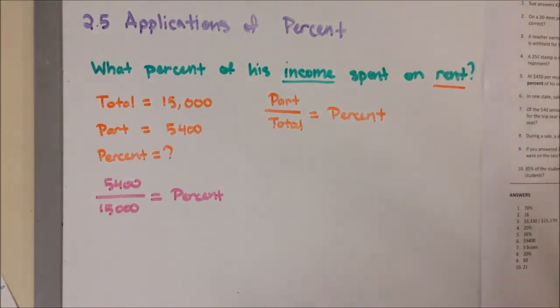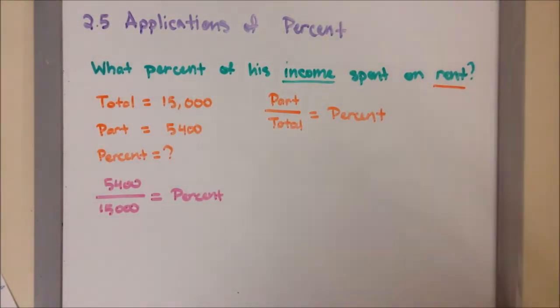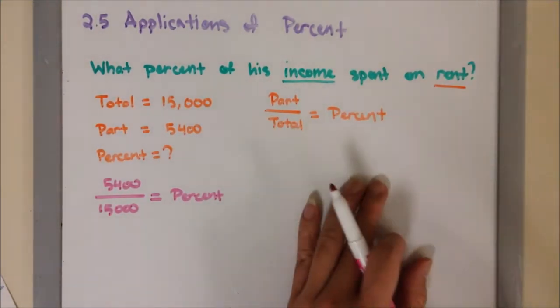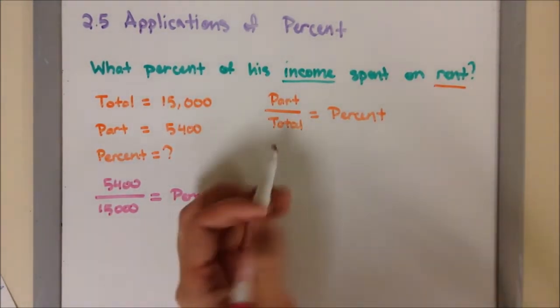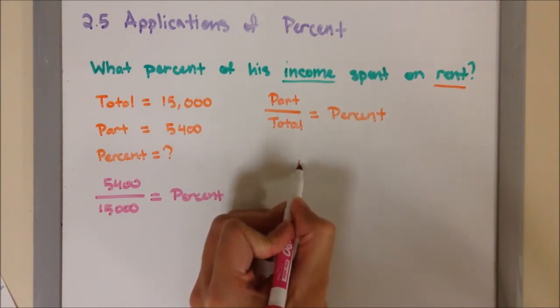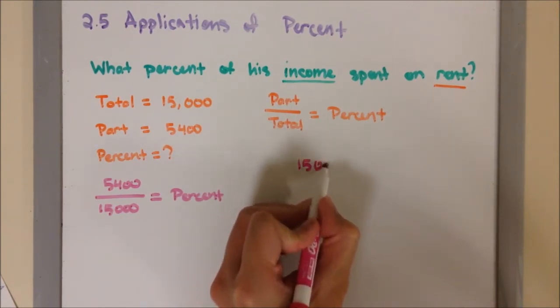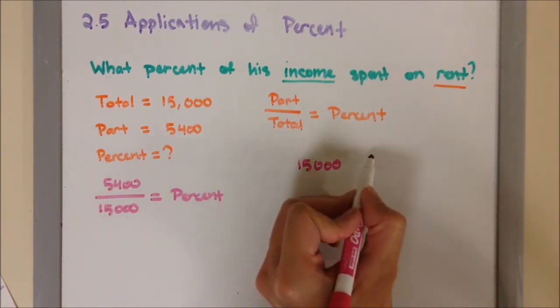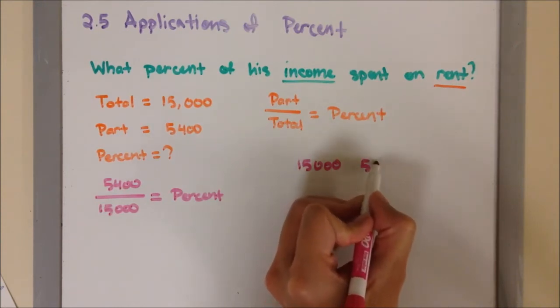When we're looking for percent, we're going to set it up as a long division problem. The denominator goes on the outside, 15,000, and then 5,400.